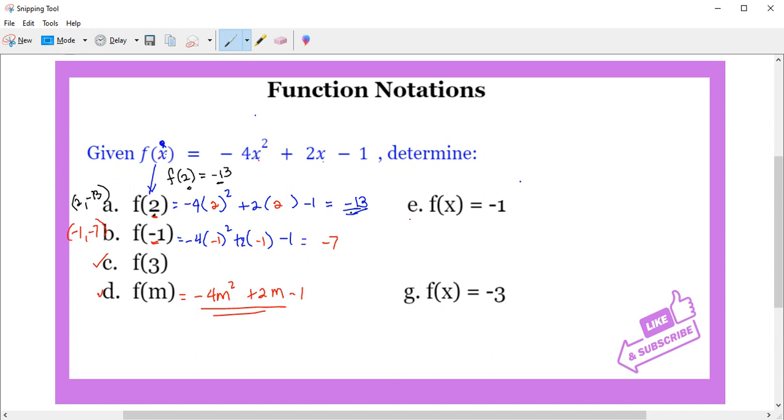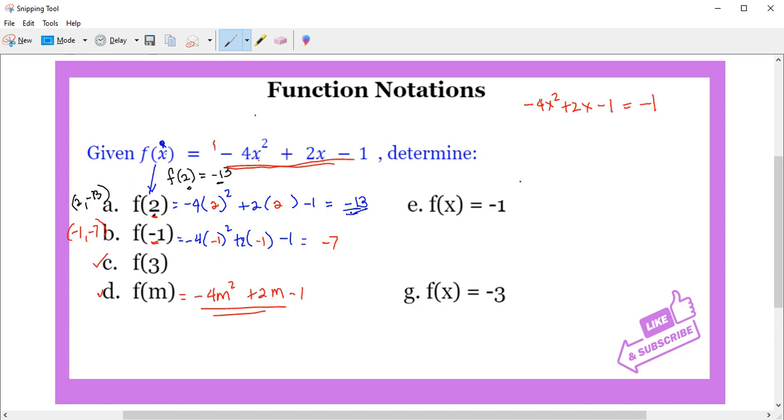Now, on letter E, you're not really replacing the x. You're saying all of this is equal to negative 1, meaning you're given the y. So all you have to do is copy this equation: negative 4x squared plus 2x minus 1 equals negative 1.